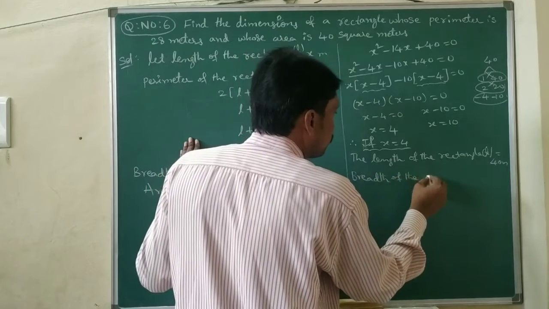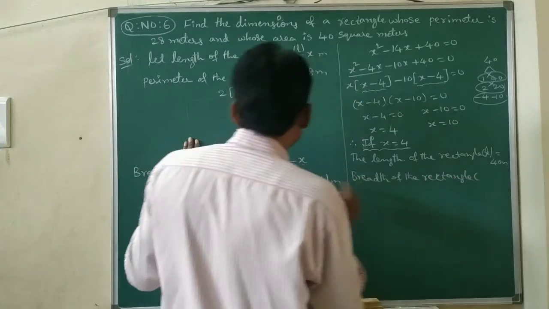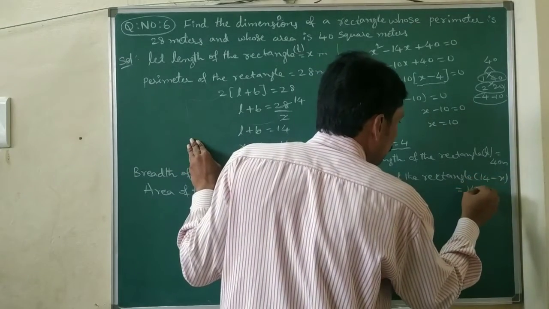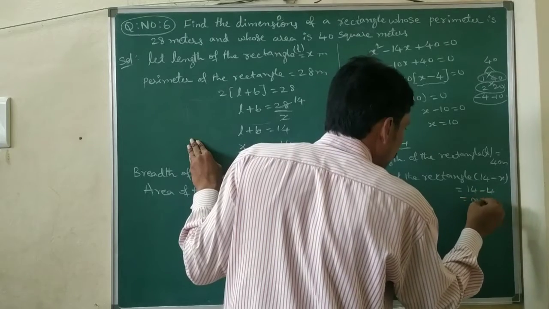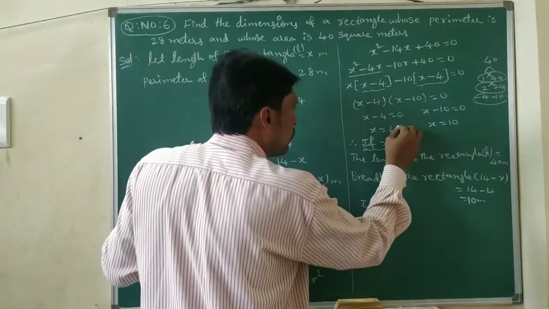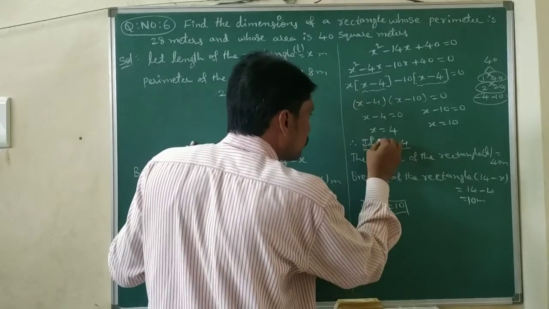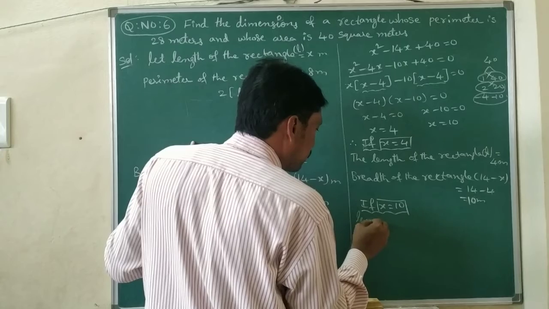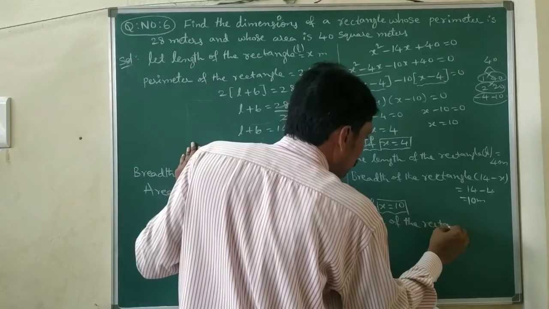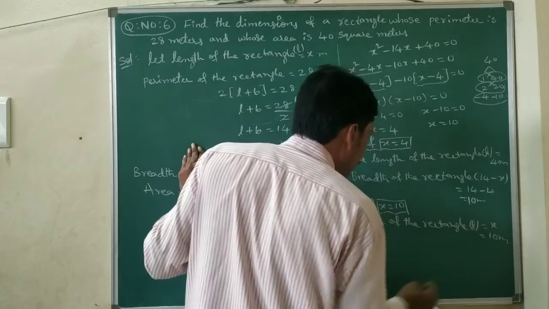Breadth of the rectangle: we took 14 minus x, that equals 14 minus 4, that equals 10 meters. Now if x equals 4 is completed, if x equals 10, length of the rectangle L equals x, that is 10 meters.